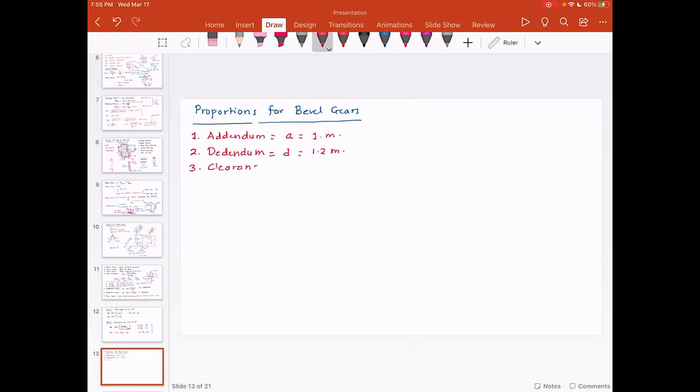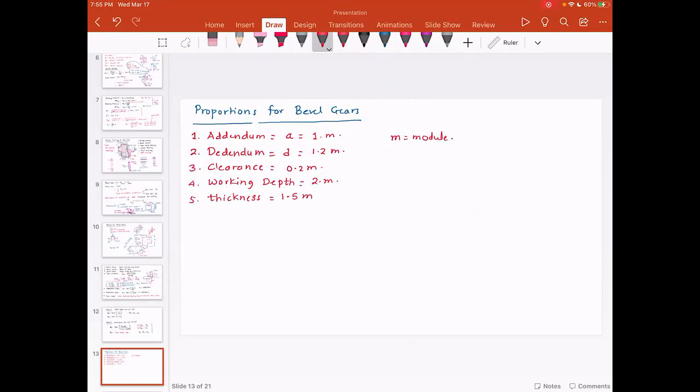Clearance is equal to 0.2 m. Working depth is equal to 2 times m. Thickness is equal to 1.5 m. And m is equal to mod G.